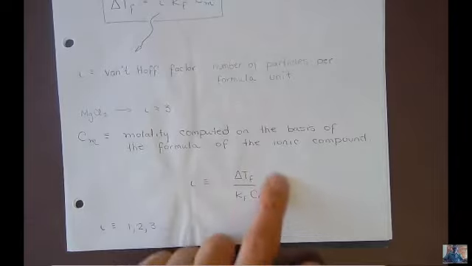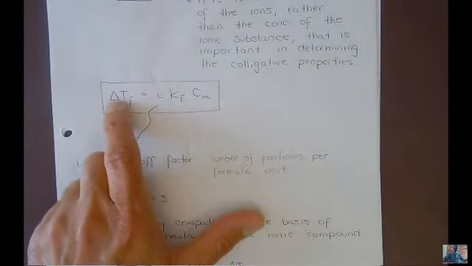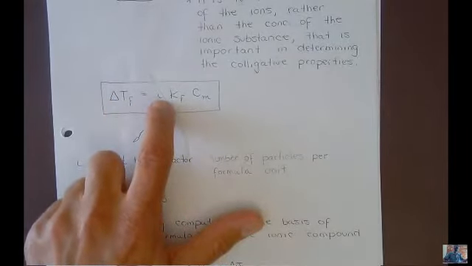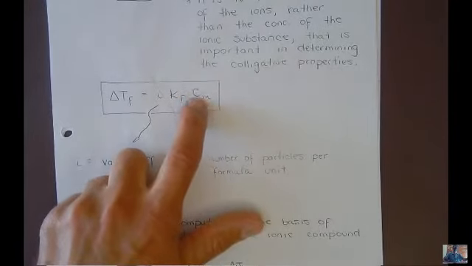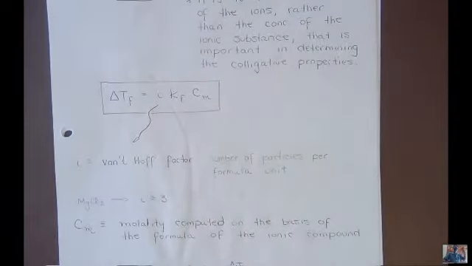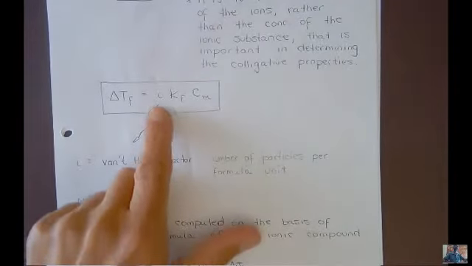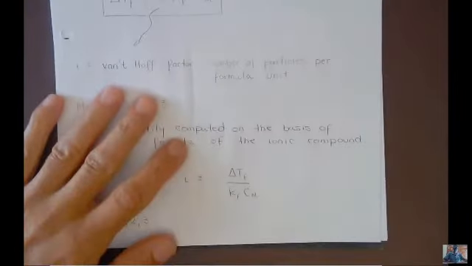So you have all of this. You can solve for i up here for either freezing point or boiling point. So you also have delta TB is equal to i times KB times Cm. Okay, Cm again is the molality of the ionic compound as a whole. Right? So i times Cm would be the molality of the ions that come from it.